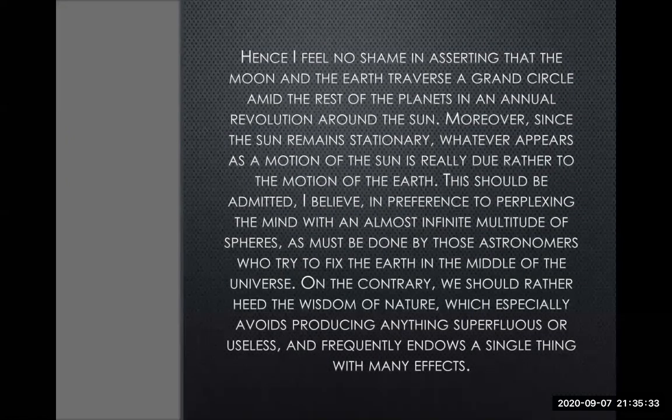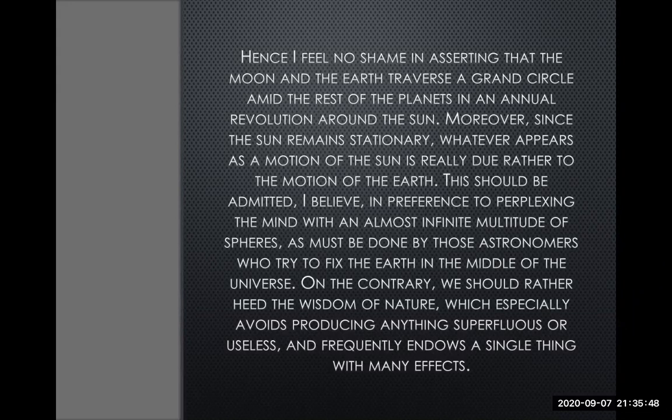This should be admitted, I believe, in preference to perplexing the mind with an almost infinite multitude of spheres, as must be done by those astronomers who try to fix the Earth in the middle of the universe. On the contrary, we should rather heed the wisdom of nature, which especially avoids producing anything superfluous or useless, and frequently endows a single thing with many effects."